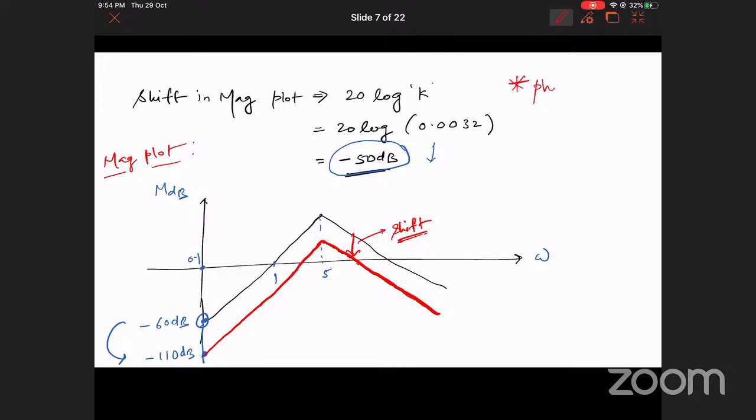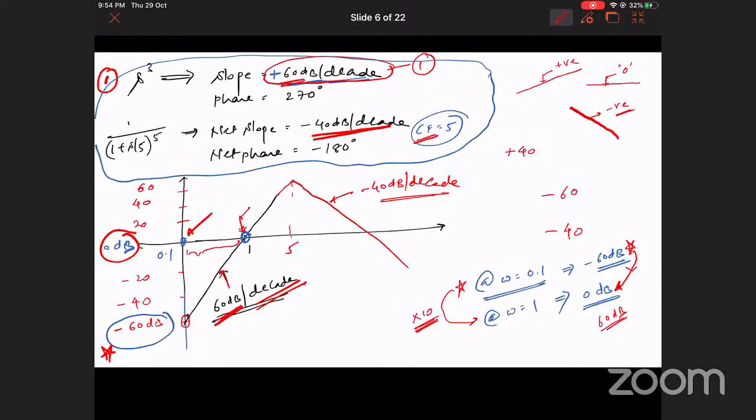So what is meant by the phase plot? Let us see. The phase information, I'm sure you already have. Look at this: the initial phase is 270 degrees, and the final phase is minus 180 degrees. This change occurs from corner frequency 5.